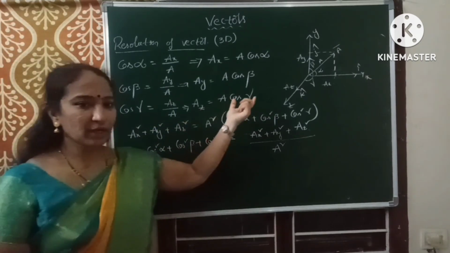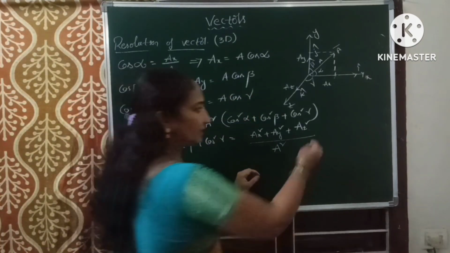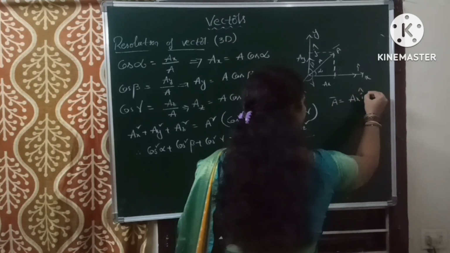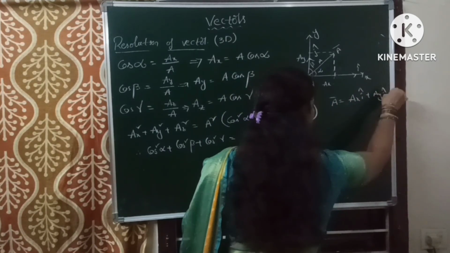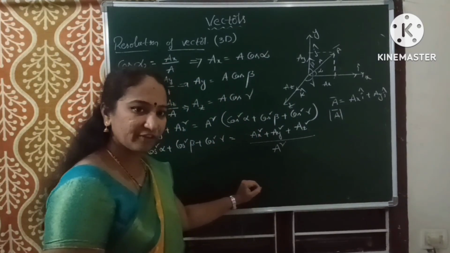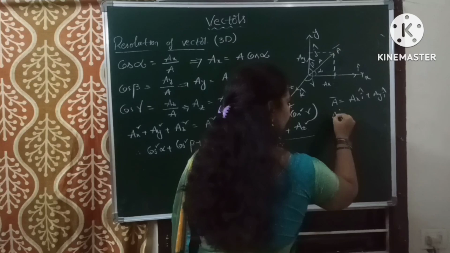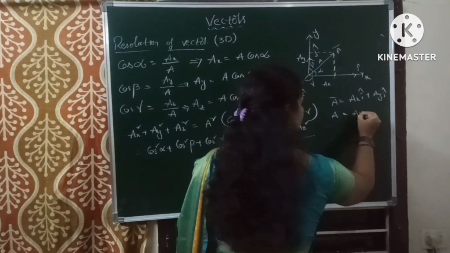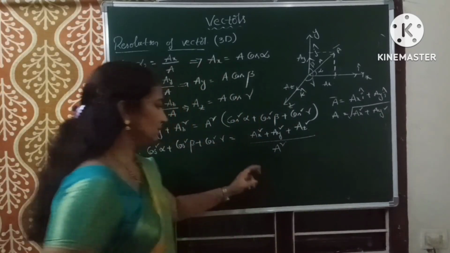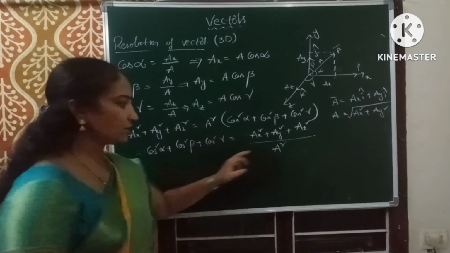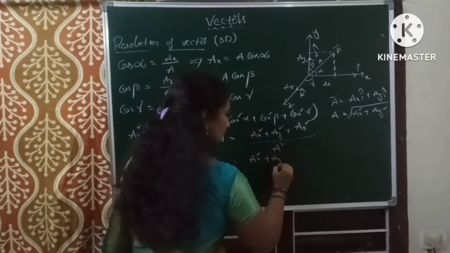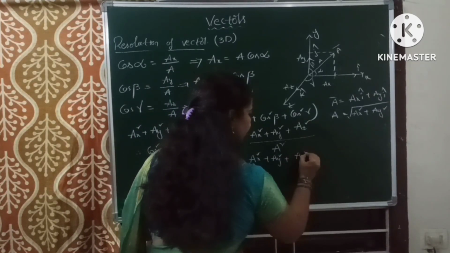Just now we did this in 2 dimension. For example, when a is a vector which is nothing but ax i cap plus ay j cap, we calculated the magnitude. Magnitude is nothing but mod of a bar, or simply a. Even if we write simply a, what did we get? Root of ax square plus ay square. Same, so here what can we write? Instead of this, ax square plus ay square plus az square, right?